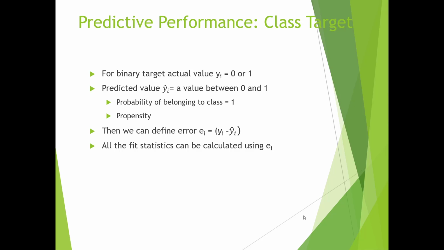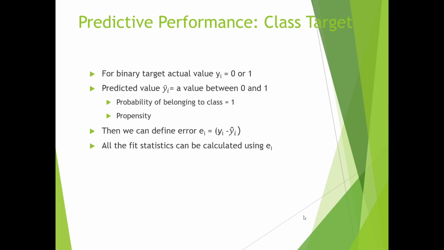Then you can set a probability cutoff point and say, if that probability is greater than or equal to 50%, 0.5, then our classification is going to be 1. If it is less than 0.5, then the classification is going to be 0. So that's one way of using it.